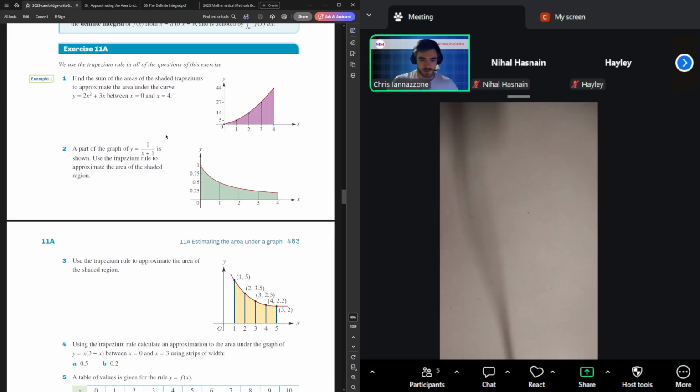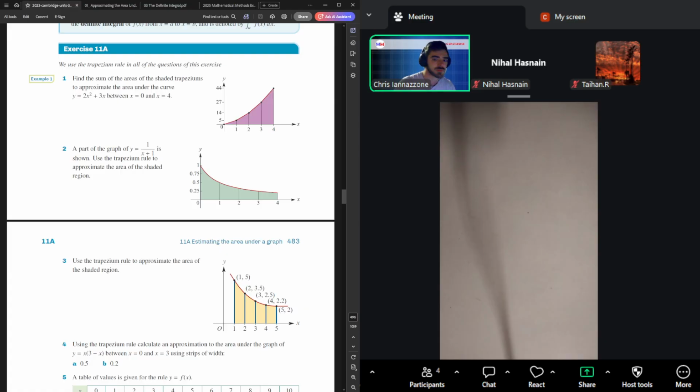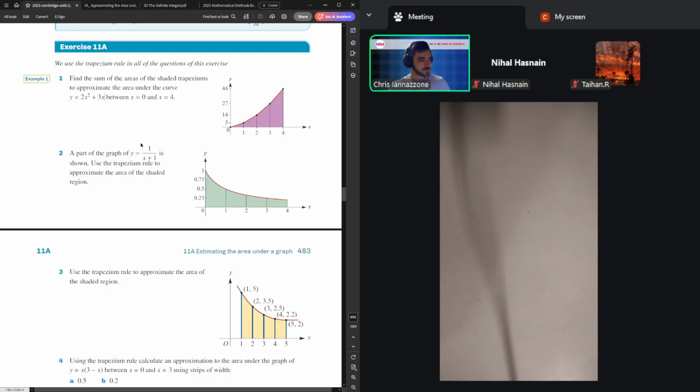Anyway, let's take a stab at it. So 11a, actually what I'll do is, if you want to use the area formula, I'll do a screen grab of that, and I'll put that in the chat. Otherwise, we'll just add up the shapes, which in this case would be all the trapeziums. Okay, question 1. Find the sum of all of these trapeziums, 0 to 4 of this curve. Get the notes out.